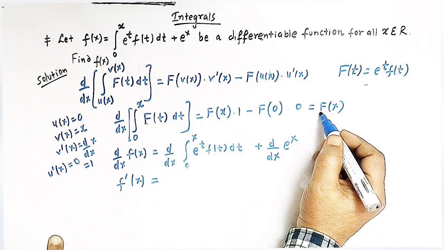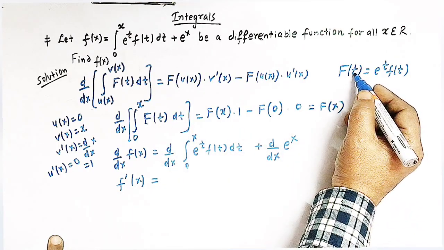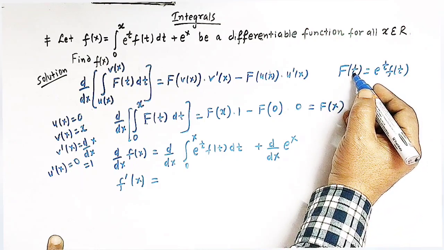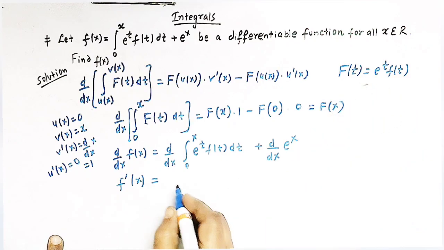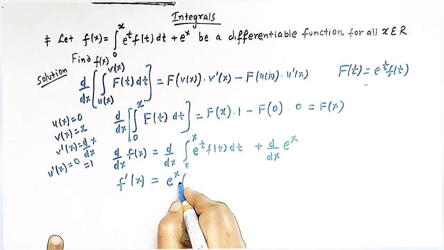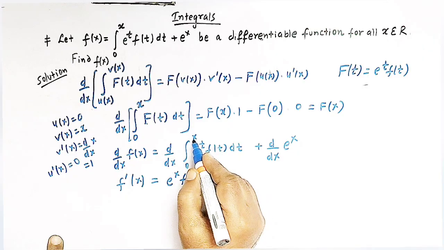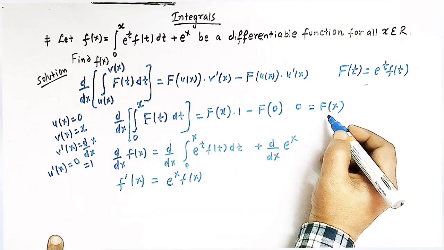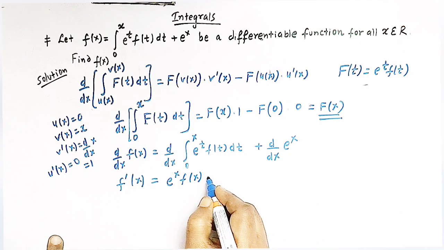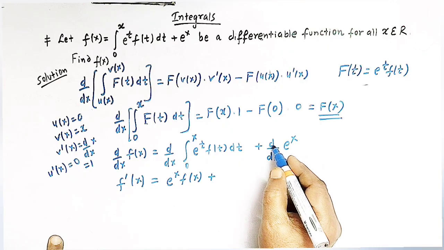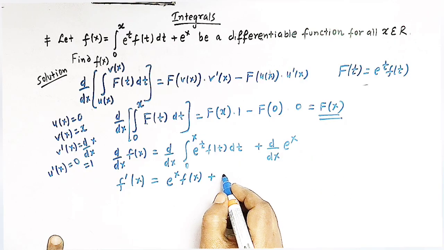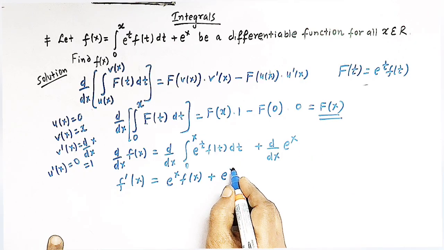So this is simply f of x, right? And replacing this t by x, we have simply here e raised to x and f of x, and here we have the derivative of e raised to x as e raised to x.